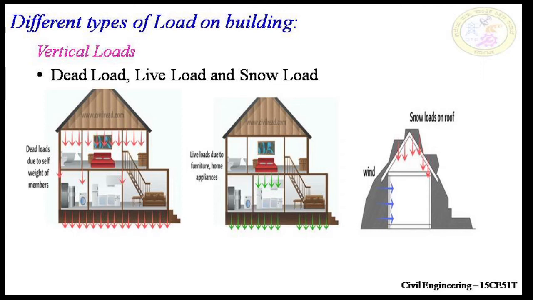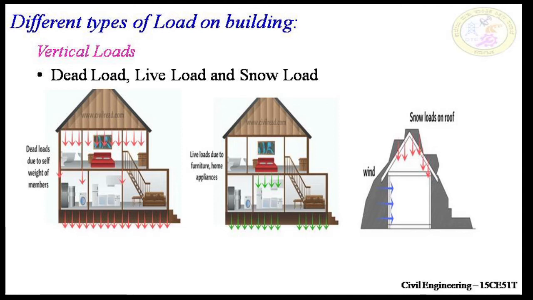Now, what are the different types of loads which will be acting on a building? There are usually two types of loads, that is vertical load and horizontal load. Vertical load is the load which is acting vertically, such as dead load, live load and snow load. Dead load is the weight of the structure or the self weight of the structure, such as beams, columns and slabs.